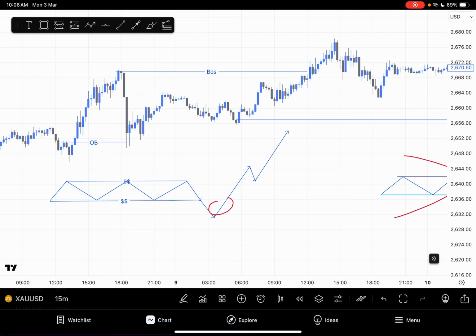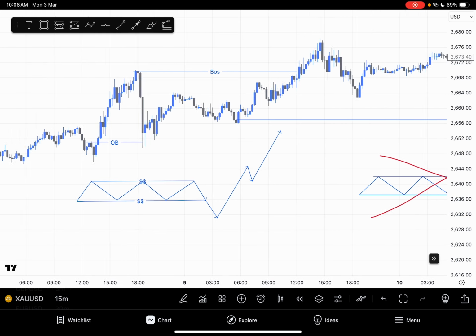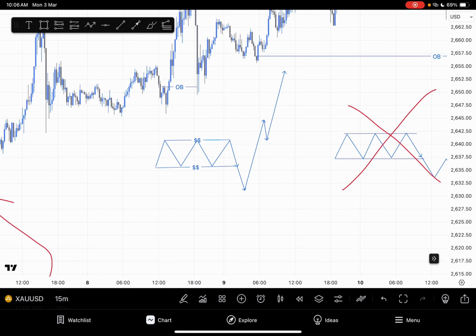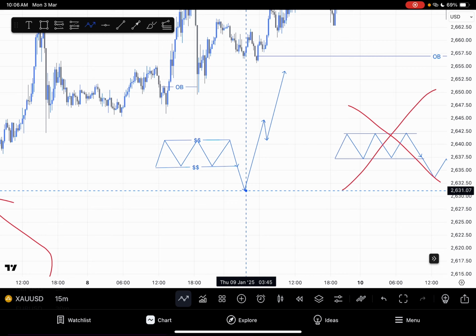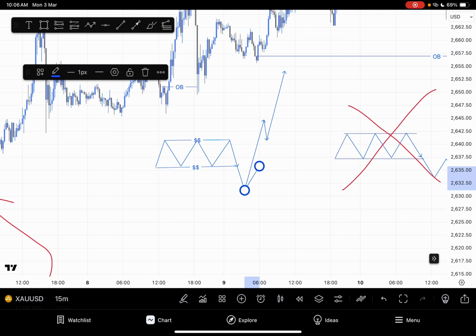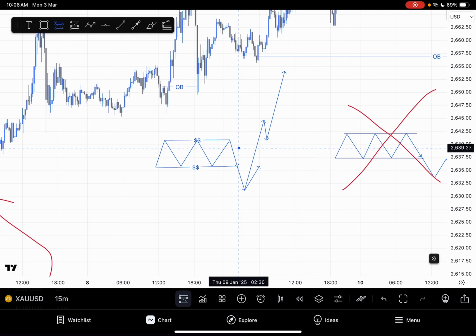So from this kind of pattern, this will clearly let you know that price always goes for people's stop loss, because those traders are waiting for a retest from this point. Once they see price now moving in this direction, what will they do next? They will say, okay, I want to take my entry from here.